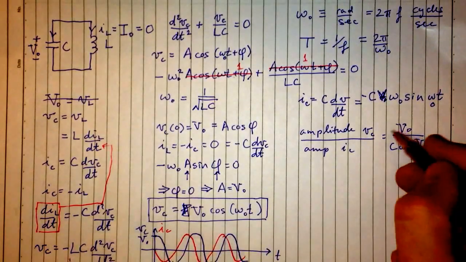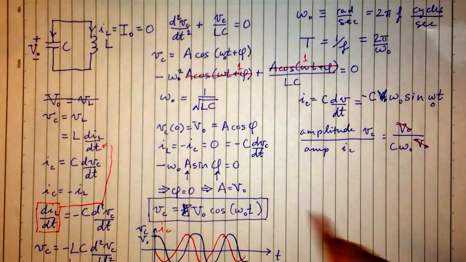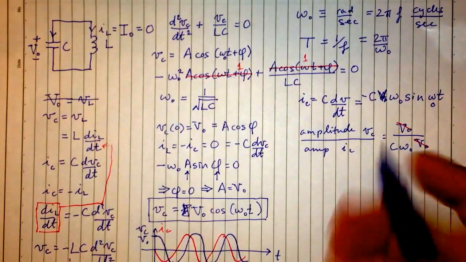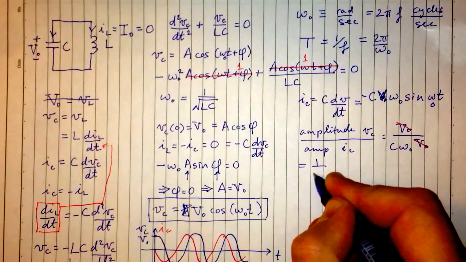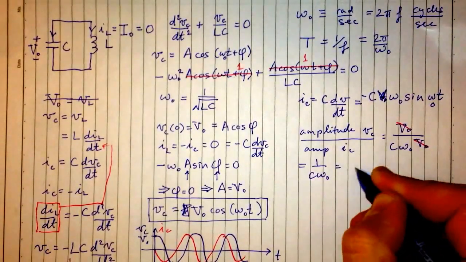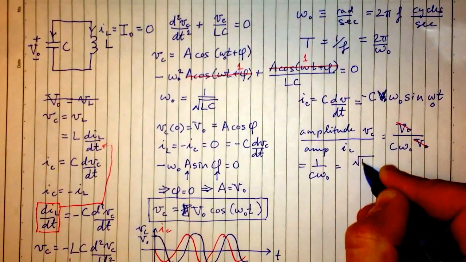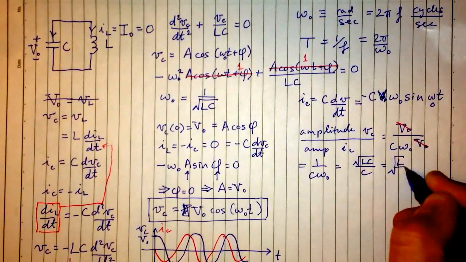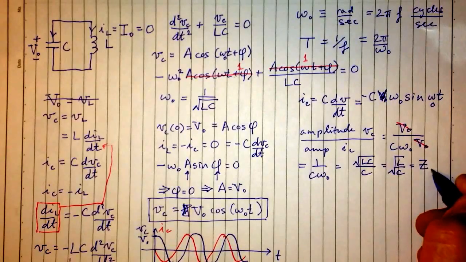So conveniently the V naughts cancel, and we end up with 1 over C omega naught, which is square root of LC over C, which is the square root of L over C, which is something called ZC.